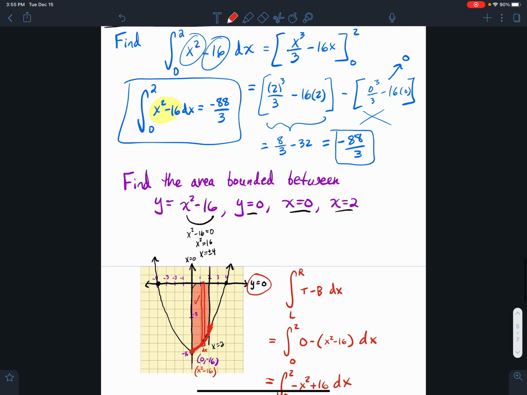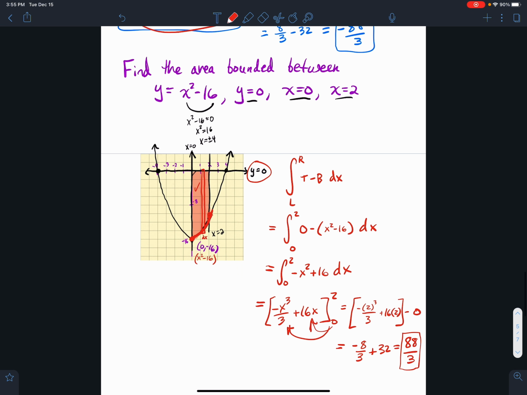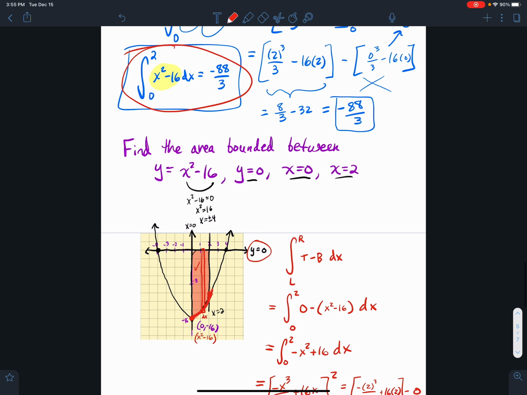However, the definite integral from 0 to 2 of f of x dx is negative 88 over 3. Why is this?